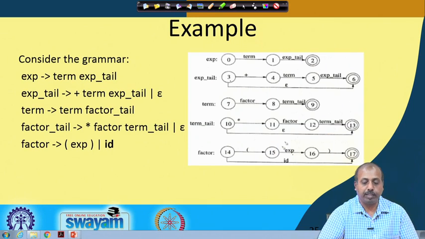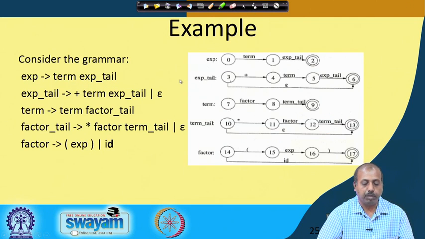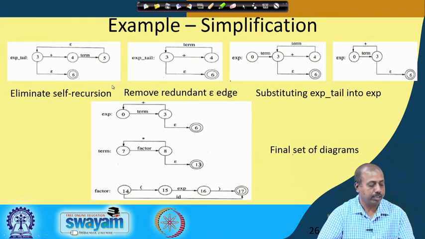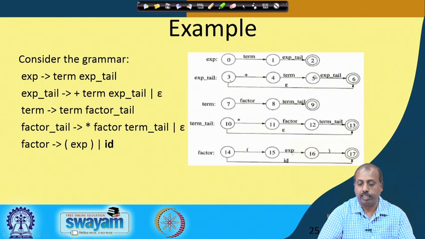Now we can simplify this set of transition diagrams. For example, this expression tail, we can eliminate the self recursion. Here you see in the expression tail, it is calling the routine expression tail again. Instead of that, from 5 we can come back to state 3.